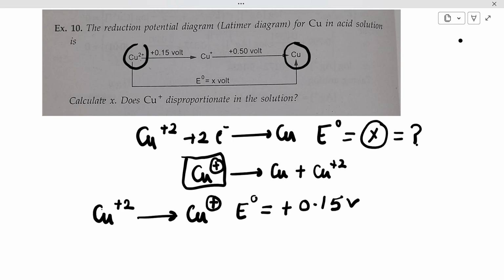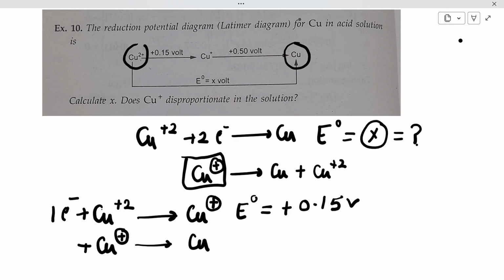Here we have to add one electron, so Cu+2 will convert into Cu+1. In the second reaction, Cu+ is getting converted into Cu.